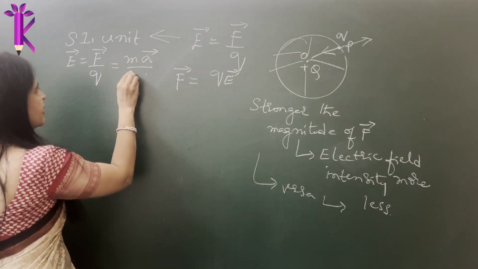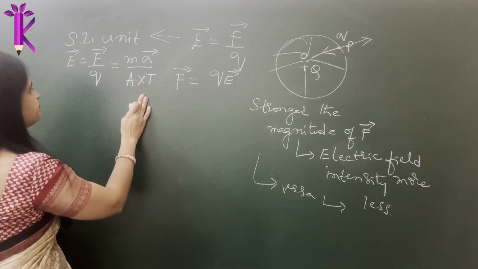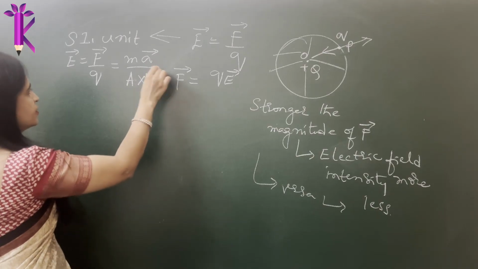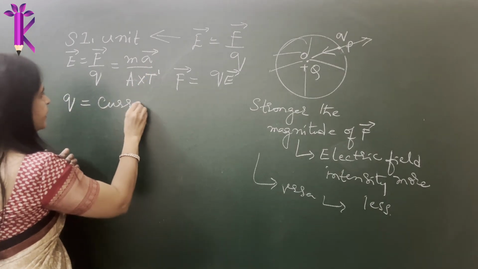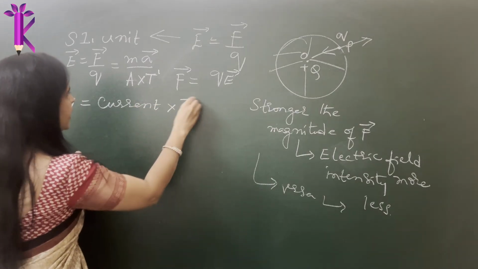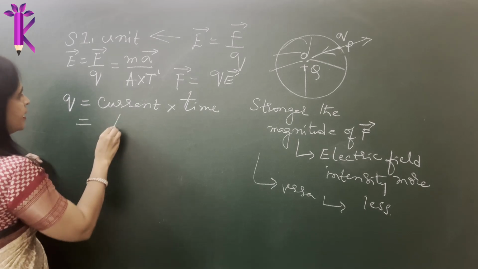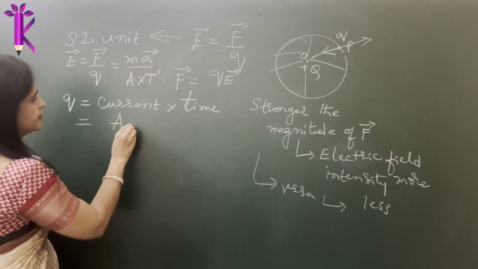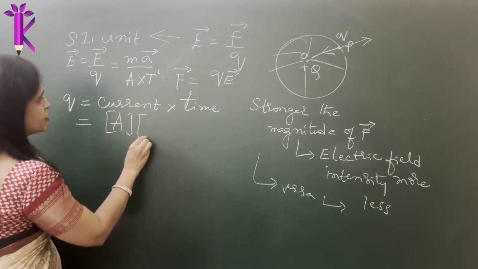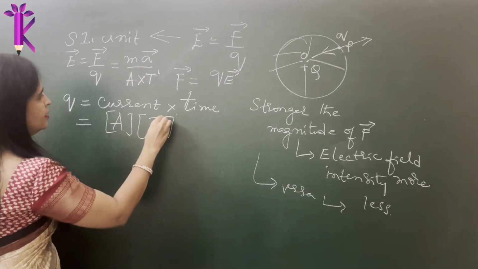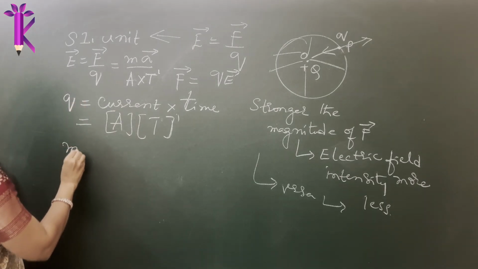Charge is current times time. Current is measured in ampere. So ampere is A. So if you write it in dimensions, it has to be t to the power 1, right? Like this.